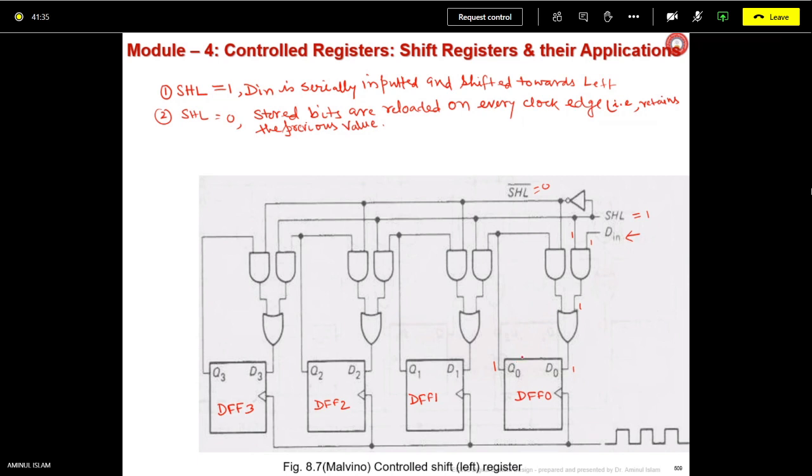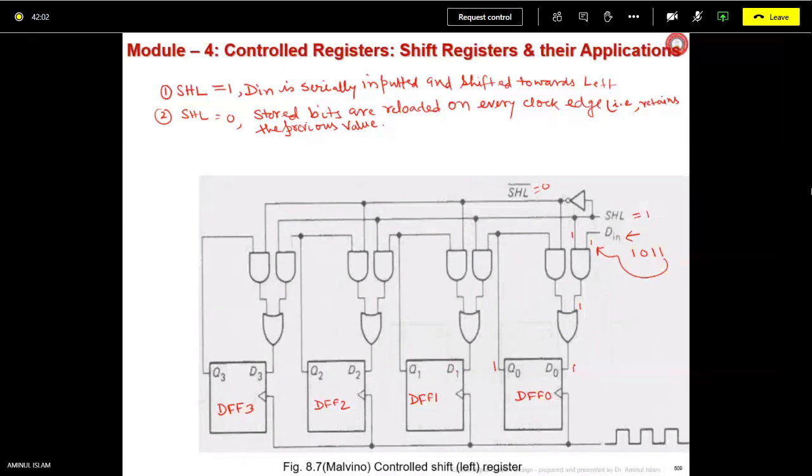Now next time, maybe this data in is coming. Let me write 1011. This is the LSB. I have given 1, so let me write it as 1. This 1 has been applied at the first clock.